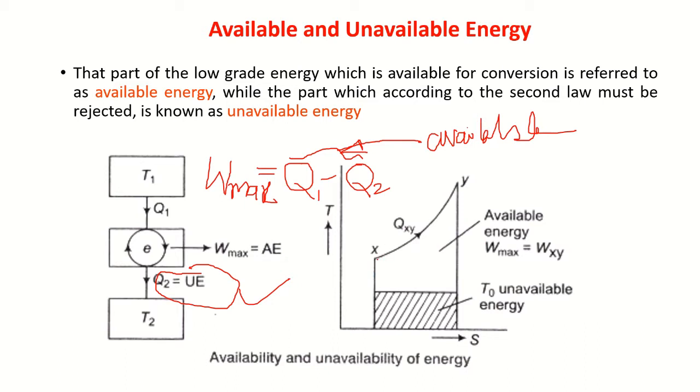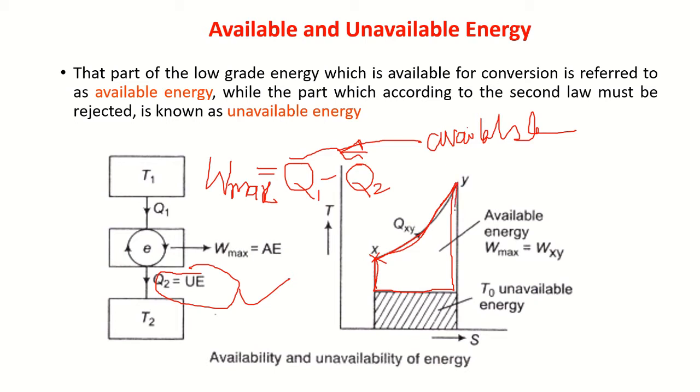Let us say a system executing a thermodynamic cycle like this on TS coordinates I have drawn. Process 1 to 2, 2 to 3, 3 to 4, 4 to 1. Let us assume during this process the heat is supplied.